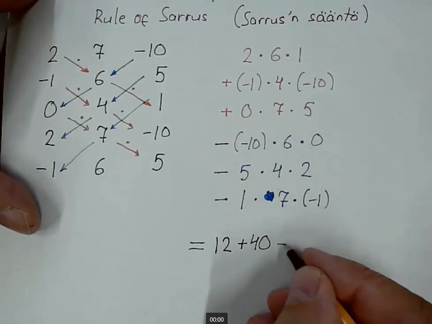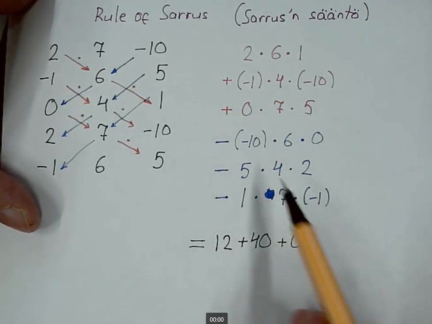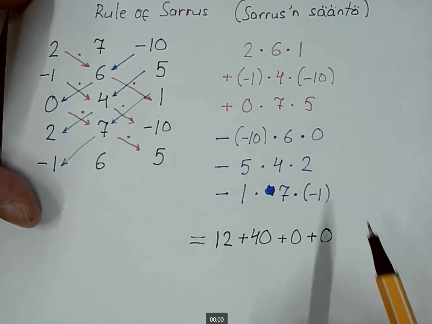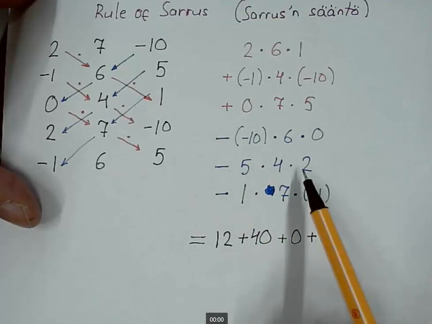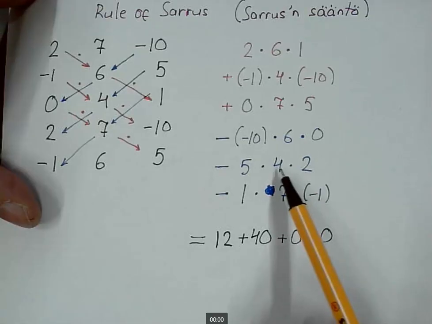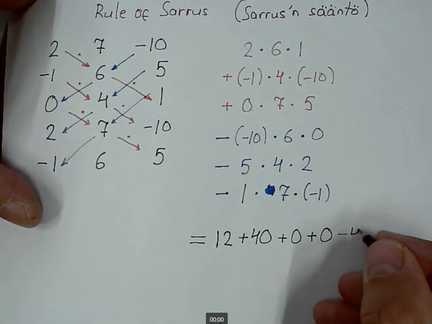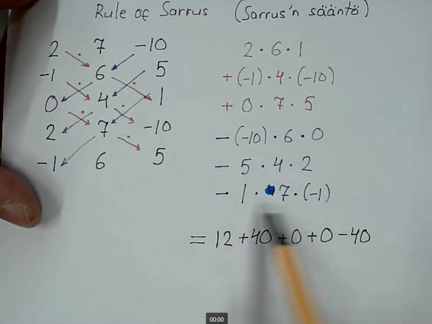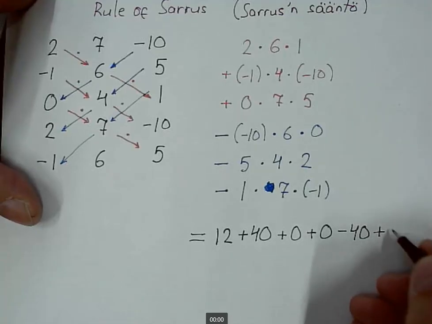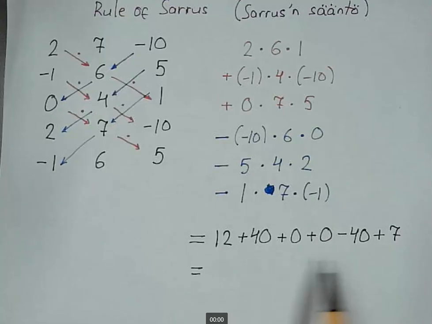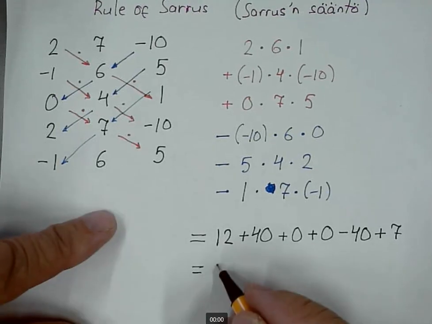Then we have this 0 there, and another 0, and the 5 times 2 is 10, 40, and minus sign, minus 40. And then the last one, plus 7. So actually this will give us 19.